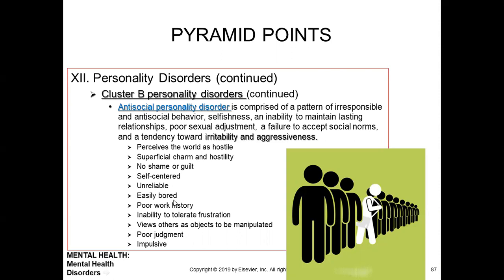Inability to tolerate frustration, or views others as objects to be manipulated, poor adjustment and impulsiveness. So they always like to manipulate or deceive others, and verbally they are charming but fail to accept personal responsibilities.